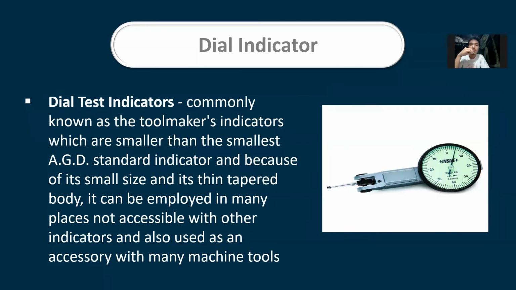Commonly known as the toolmaker indicators, which are smaller than the smallest American gauge design standard indicator, and because of its small size and its thin tapered body, can be employed in many places not accessible with other indicators, also used as an accessory with many machine tools.